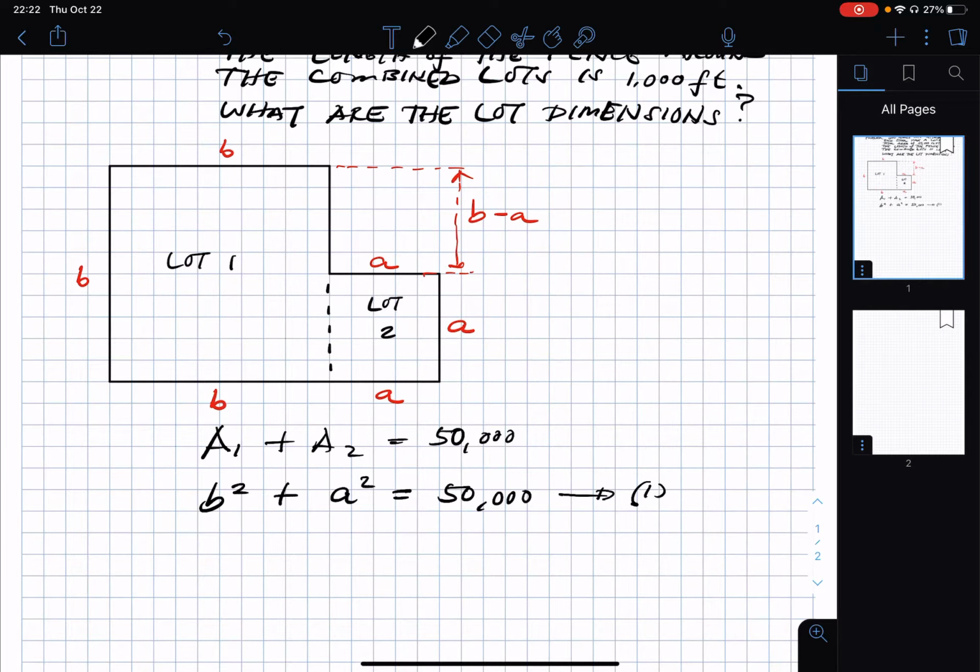Okay, so we need a second equation. The second equation will be derived from the distance around the perimeter, which is the length of the fence. So that will be B plus B plus B, that will be 3B, plus 3A, plus B minus A, and that's equal to 1,000 feet.